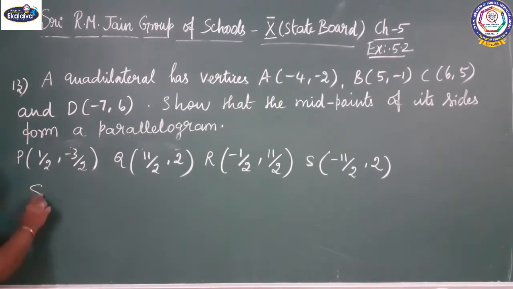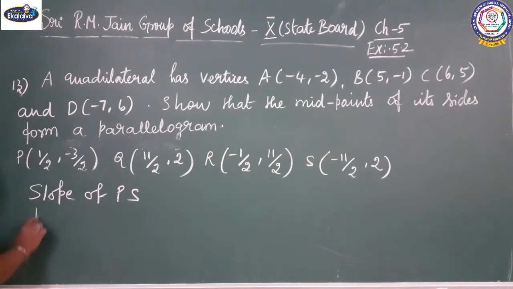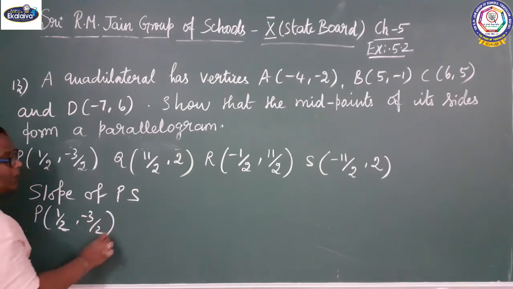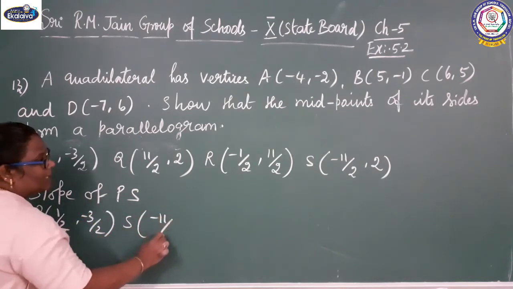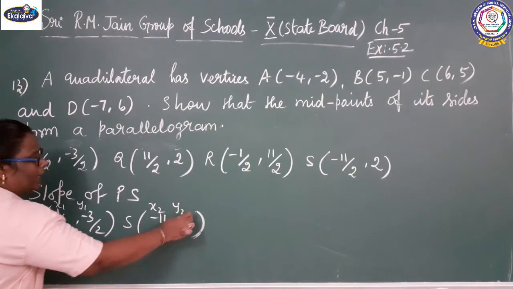So slope of PS. Slope of PS, P value is what? P is 1 by 2 comma minus 3 by 2. S is minus 11 by 2 comma 2. x1 y1 x2 y2.